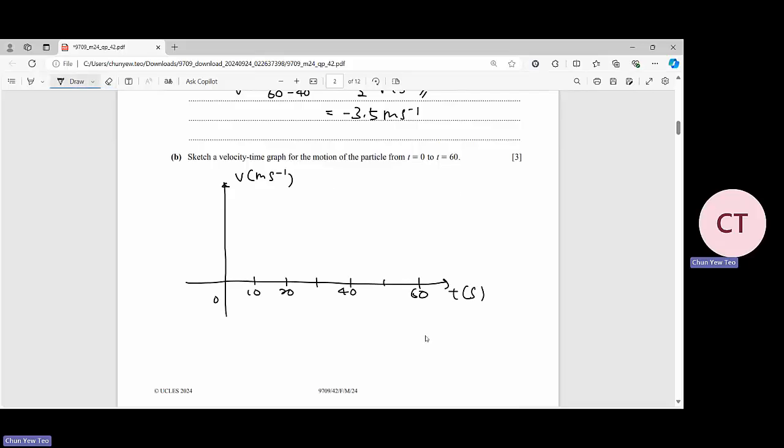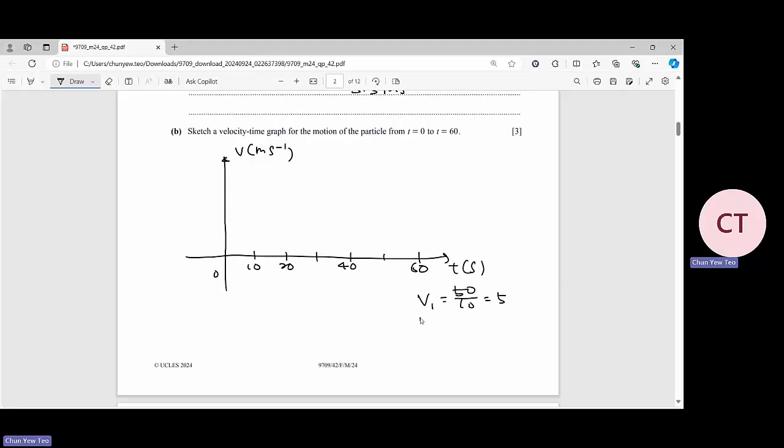So V1 is 50 divided by 10, which is 5. Then V2 is 70 minus 50, divided by 10, and you get 2 meters per second. V3, as I mentioned, is 0, and V4 is negative 3.5 meters per second.